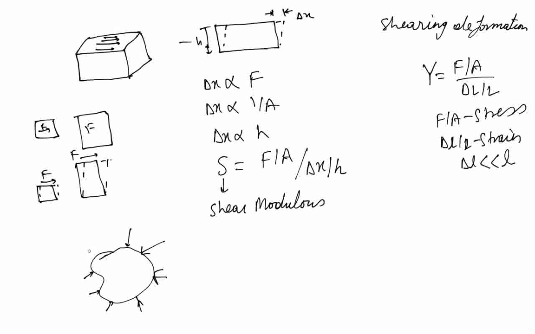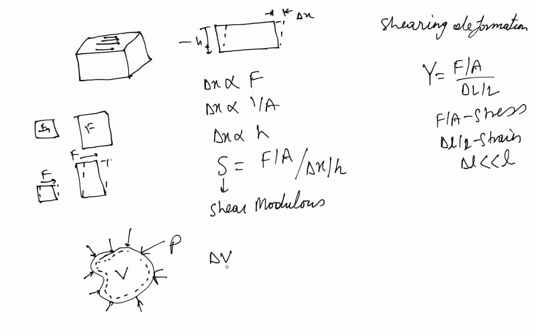Let's say it's a bag full of water, and you apply pressure on it, and let's say it has a volume V. Then because of this pressure P, your volume will shrink. And how much is it going to shrink? Let's say it shrinks by an amount delta V.